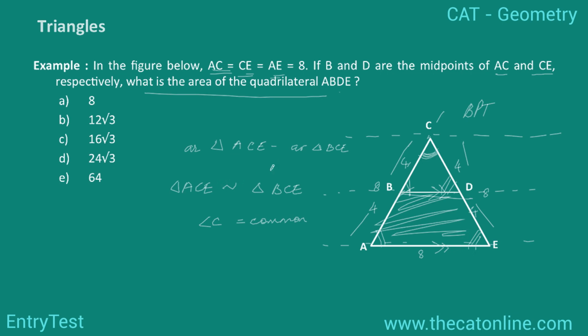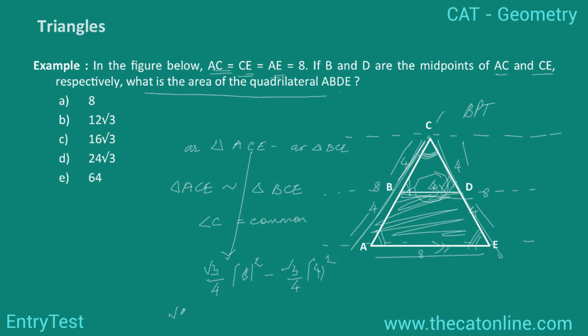Once the triangles are similar, the sides are proportional. So if I look at the smaller one, this side is 4 in comparison to 8. That means half. This side should also be 4 in comparison to 8. So the length of BD comes out to be 4. Both of them are equilateral triangles, so this will be root 3 by 4 into 8 square minus root 3 by 4 into 4 square.